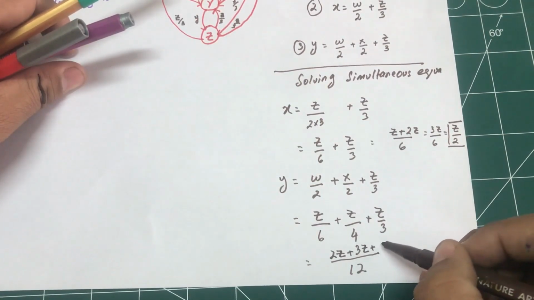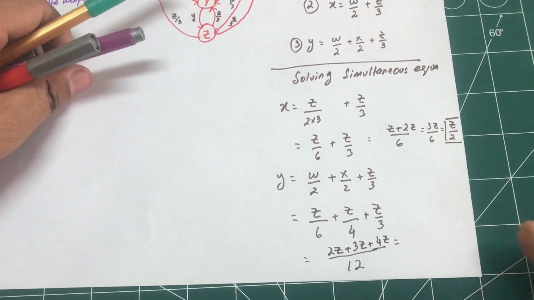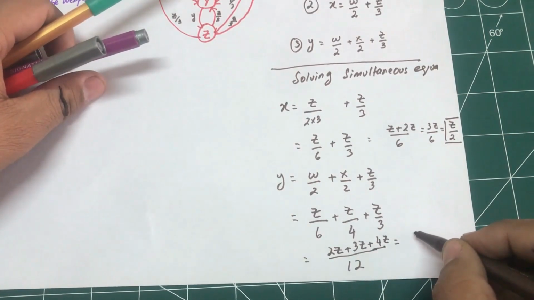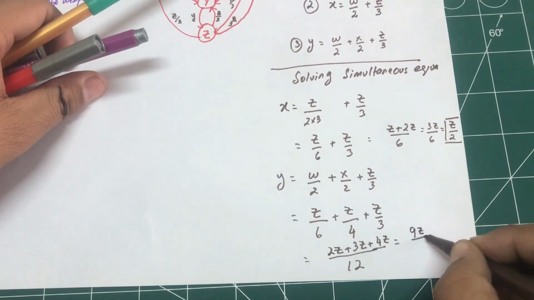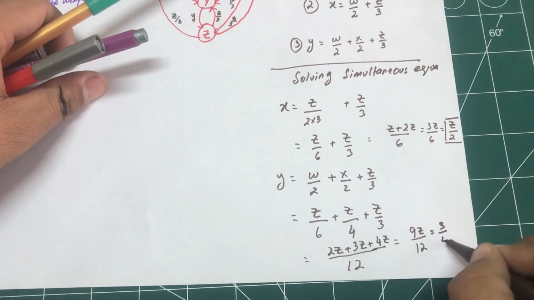Plus 3 times 4 would give me 12, so that is 4Z. So this whole thing would equal to 4 plus 3 is 7 plus 2 is 9. 9Z over 12, which is 3 over 4ths with respect to Z.